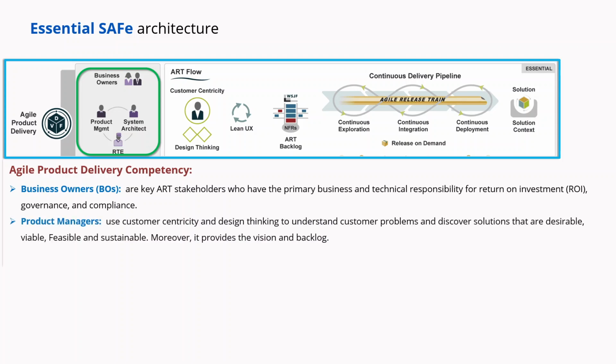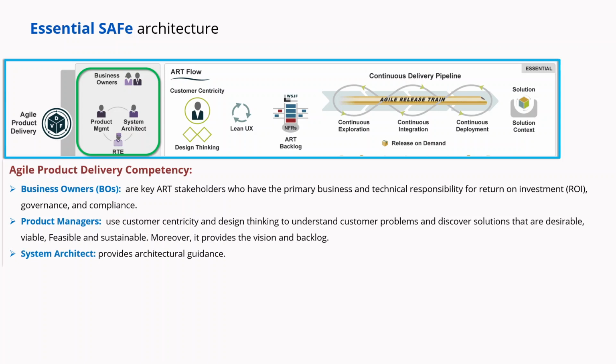Also, there are the product managers that use customer centricity and design thinking to understand customer problems and discover solutions that are desirable, viable, feasible, and sustainable. Moreover, they provide the vision and backlog.